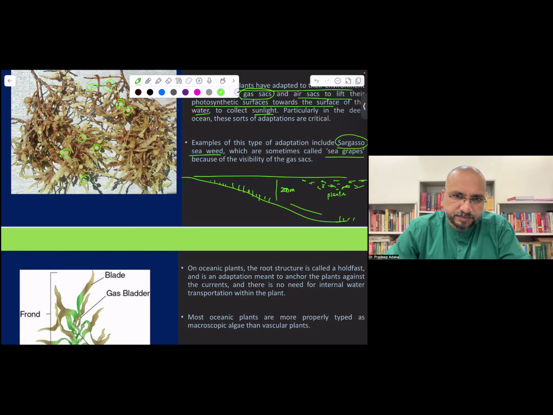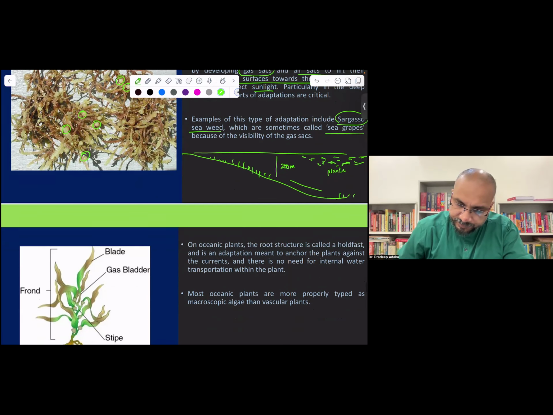They are also called sea grapes because of the resemblance of these air sacs to grapes. To keep them floating, simple enough, easy. It is also called the Sargasso Sea, in the mid Atlantic Ocean, in the northern Atlantic Ocean, in the middle part. It is called Sargasso Sea because of the weed present in there. So this is the floating adaptation.